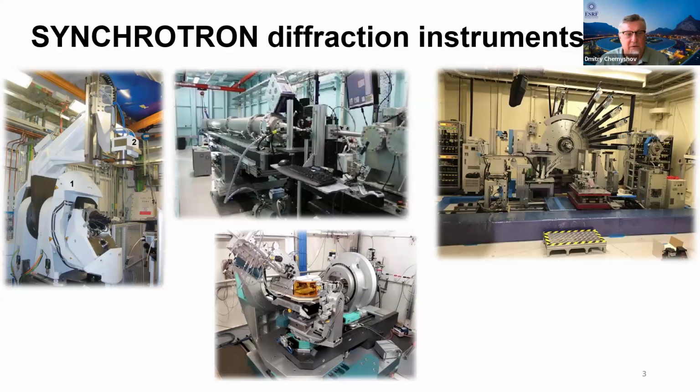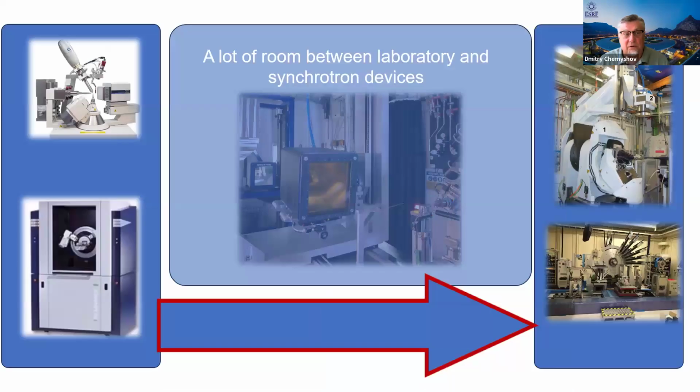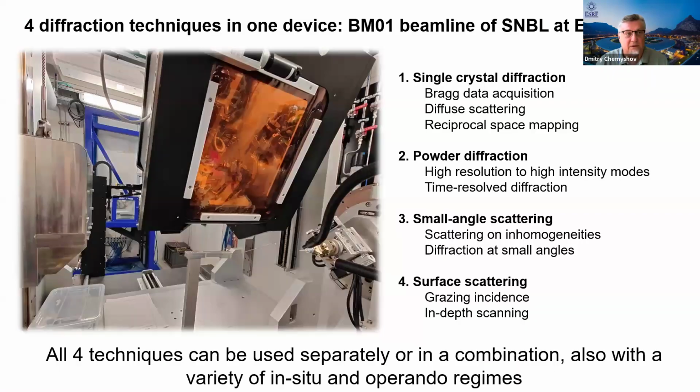The normal logic is that if we can't solve the problems with our laboratory equipment, we write proposals and then go to the synchrotron. In reality, the distance between these two is huge, and there is a lot of room between laboratory and synchrotron devices. This is exactly where we try to do our science.